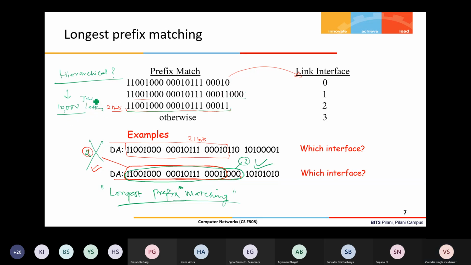Now within Jaipur there are multiple areas, such as area 1, area 2, colonies, localities, whichever way you divide. If I also specify locality A1, then maybe A1 has only 500. This is more precise. So some bits of my address specify the city, and then within the city the area is specified, so I have a more precise address. This is the hierarchy.